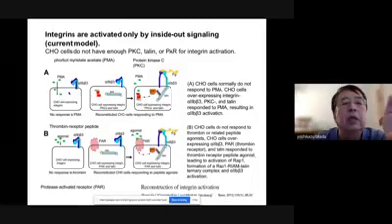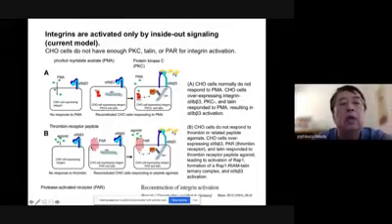Now, CHO cells don't contain these components, like protein kinase C or cytoskeletal protein talin. So CHO cells, Chinese hamster ovary cells, don't respond to PMA, phorbol ester, or thrombin, because CHO cells don't have the thrombin receptor.